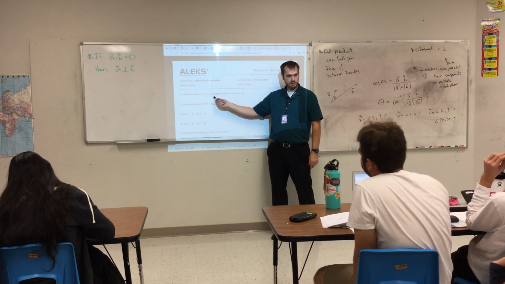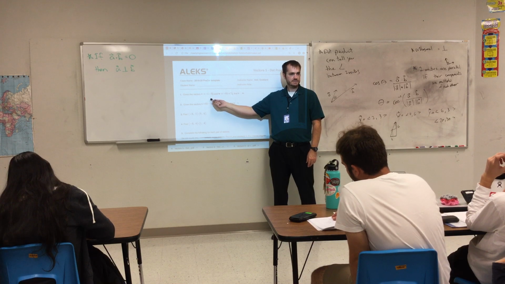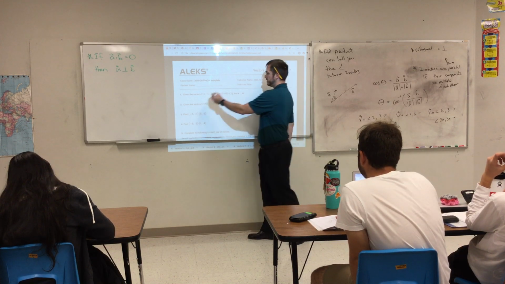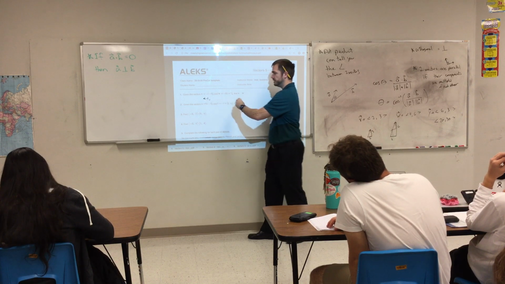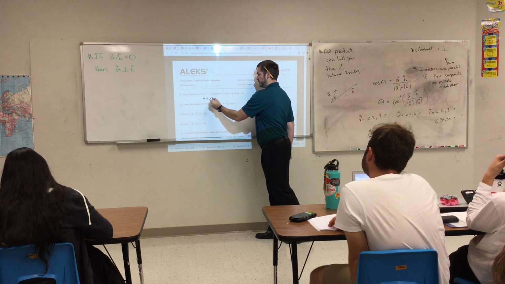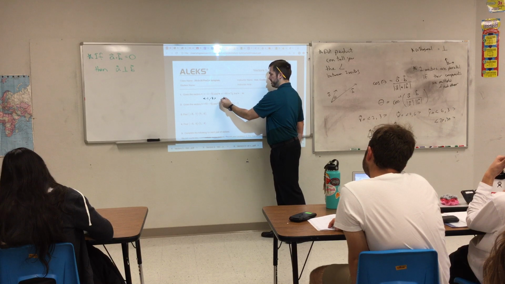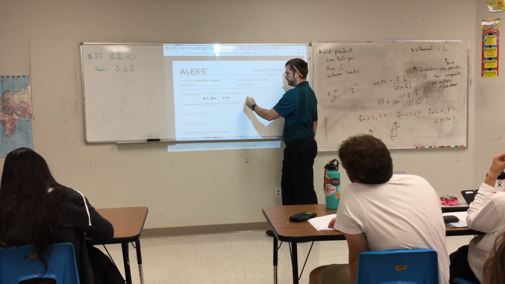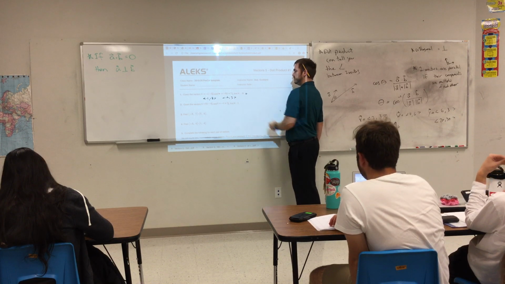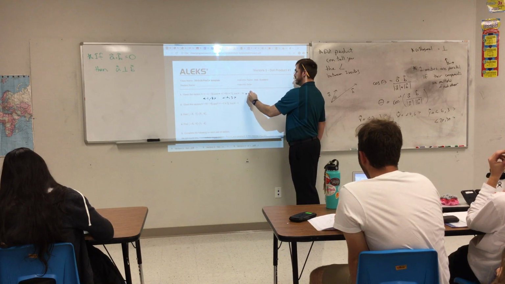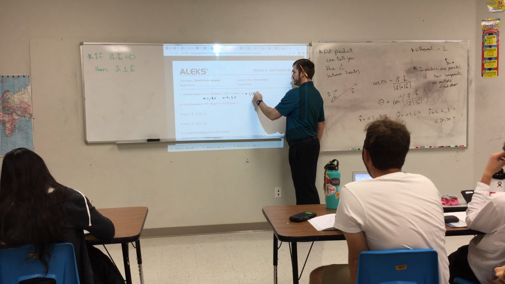Do you know how to get the angle brackets from this? What's the x component here, class, on v? Negative 1. What's the y component? Negative 8. What about over here? Negative 6 and 5.